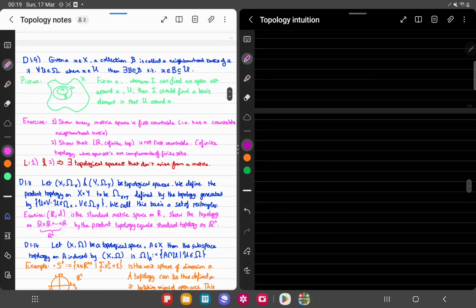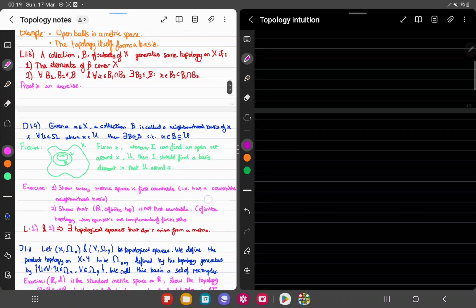Definition 1.9. Given an X and a collection, it's called a neighborhood basis of X if for all U in omega where X is in U, there exists a B in the collection such that X is in B and B is a subset of U. It's a bit silly and crazy, but I've given a little picture here.